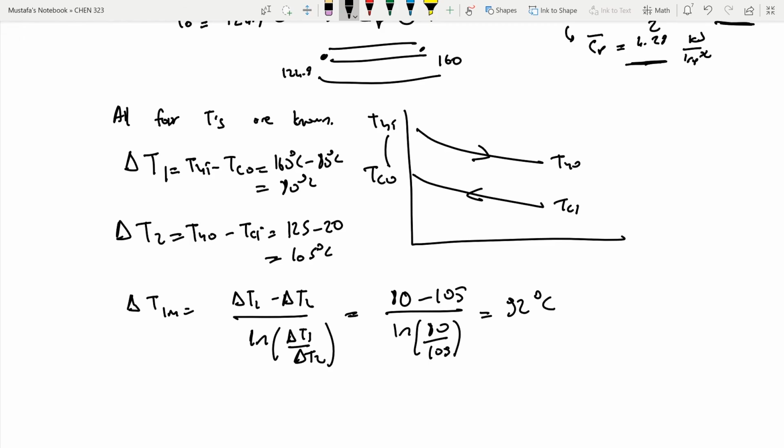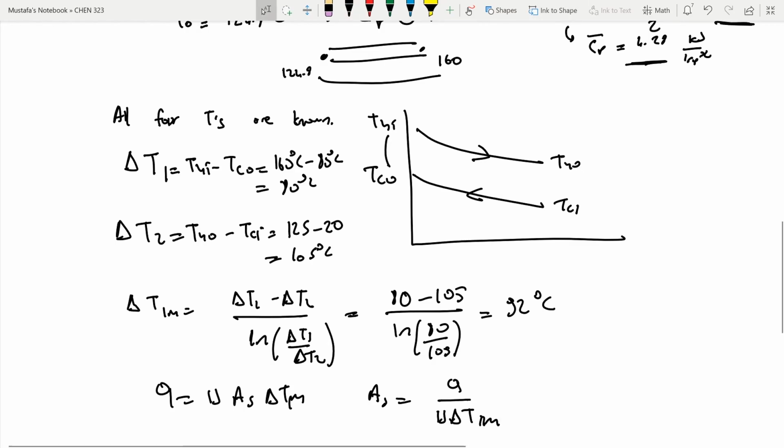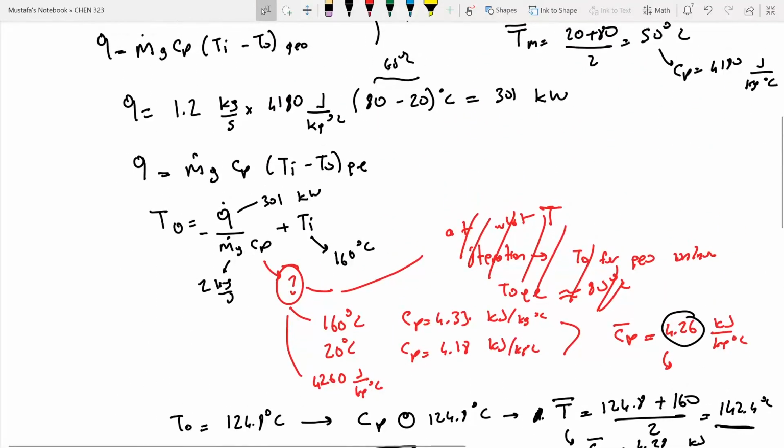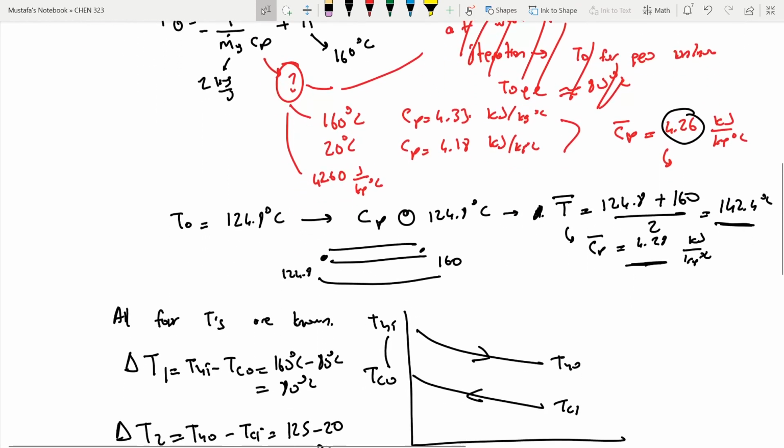Now we remember Q is equal to U times A surface times delta T log mean. So A surface is Q over U delta T log mean. And Q we calculated above from m Cp delta T, which is 301 kilowatt.